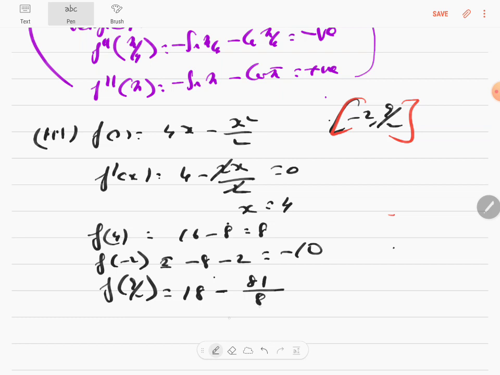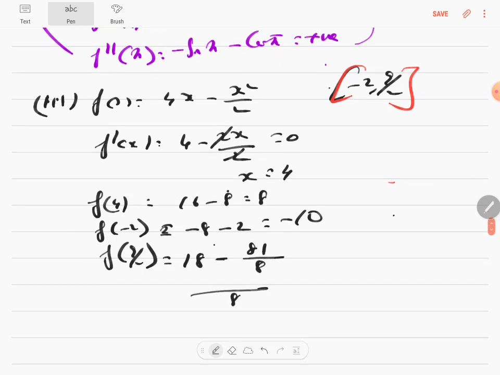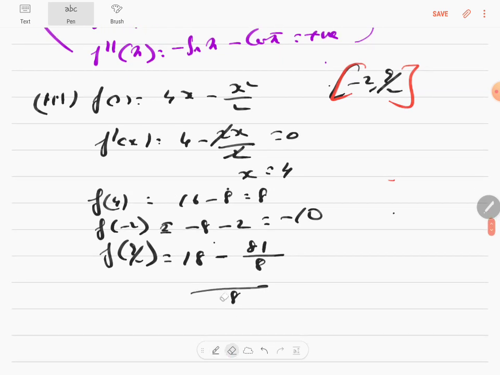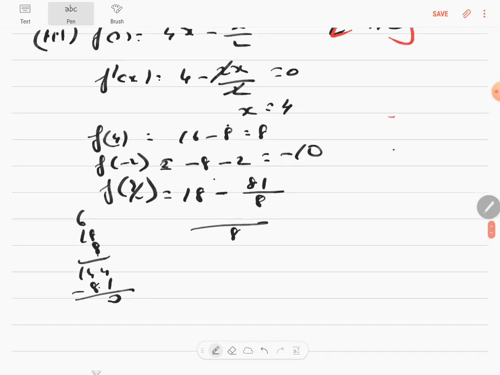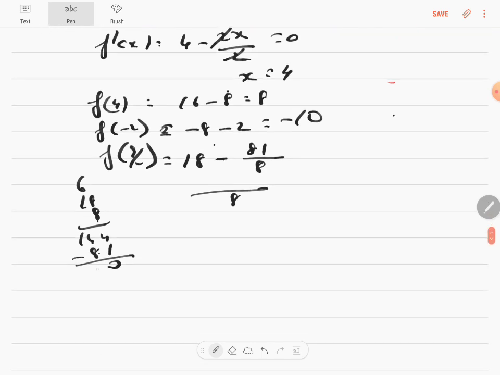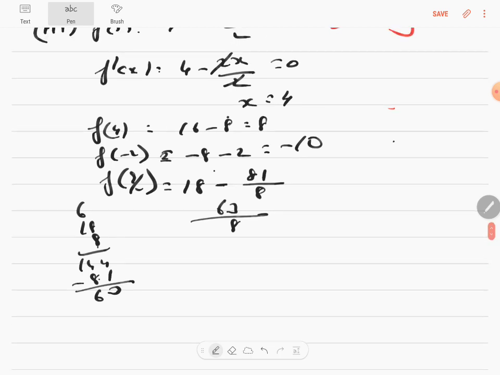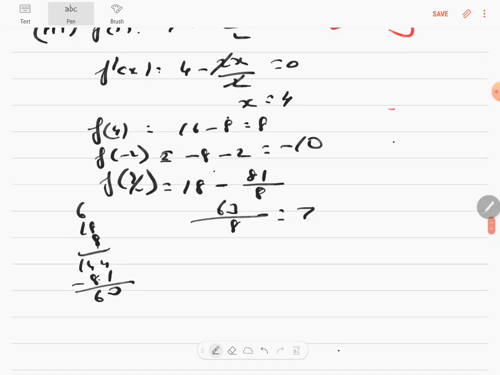When I take an LCM, 18 8s are 144, minus 81 is 63, so 63 by 8, which is 7 point something.